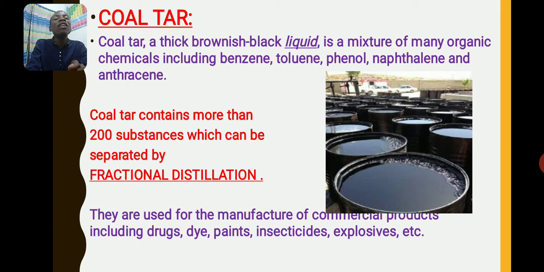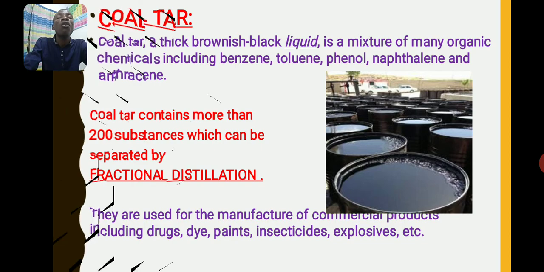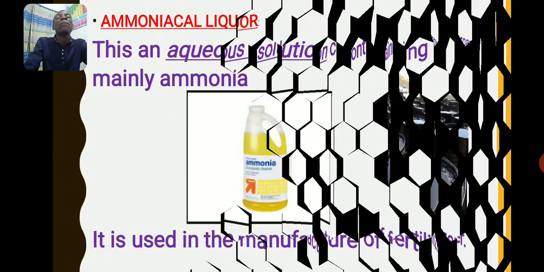If you do fractional distillation of coal tar, you'll get compounds like benzene, toluene, phenol, a lot of them that are commonly used in making drugs, dyes, paint, explosives and insecticides, and a lot of them like that. That's the function of coal tar.